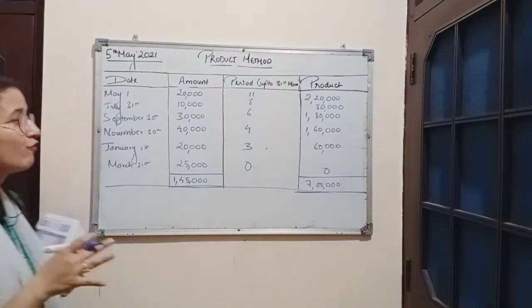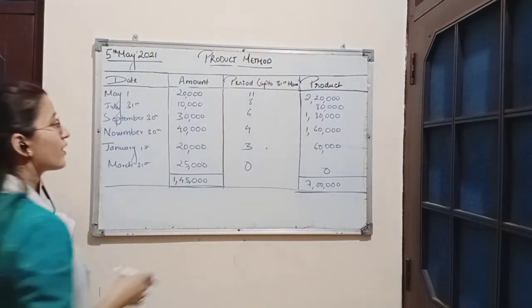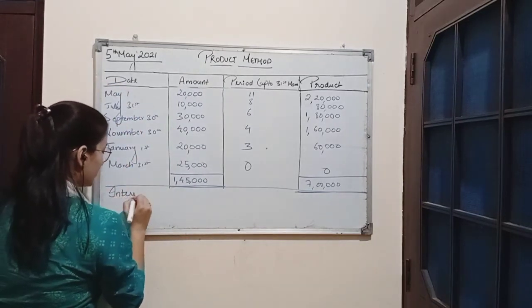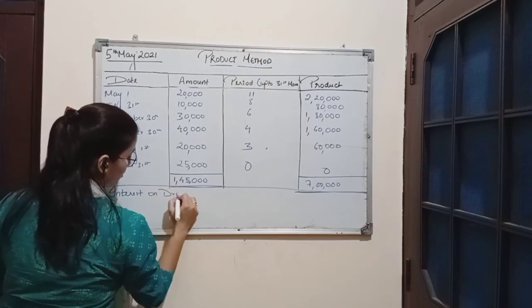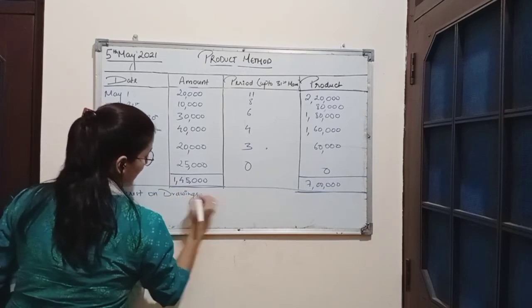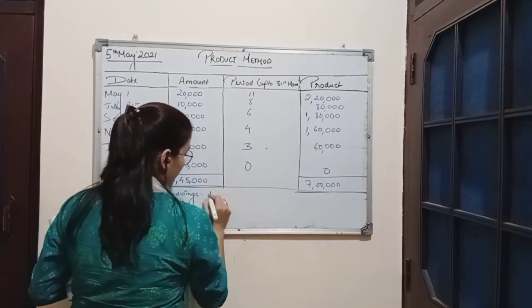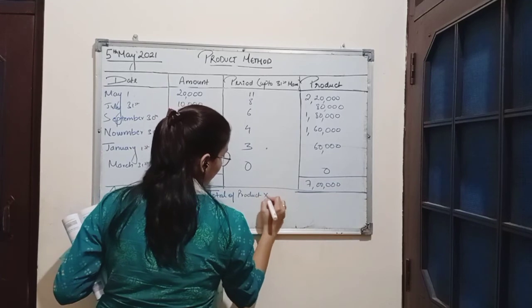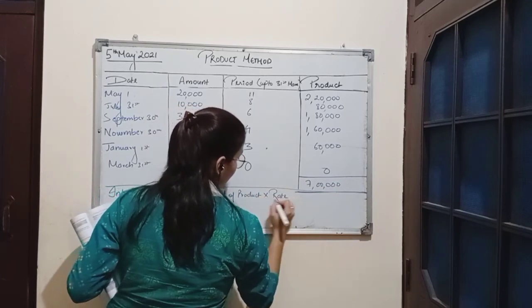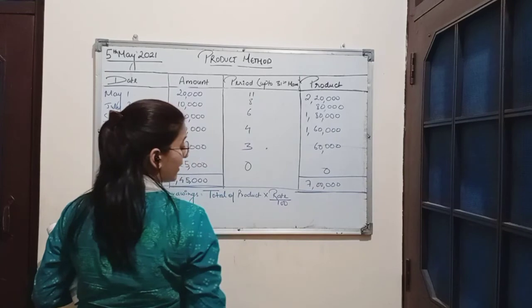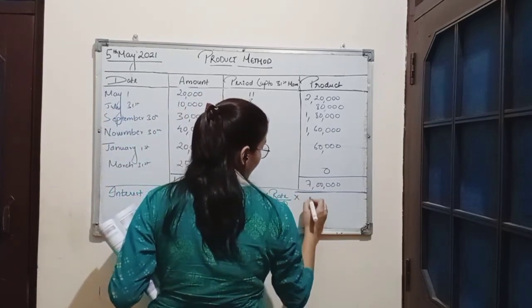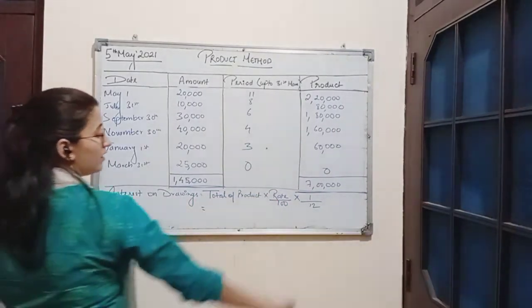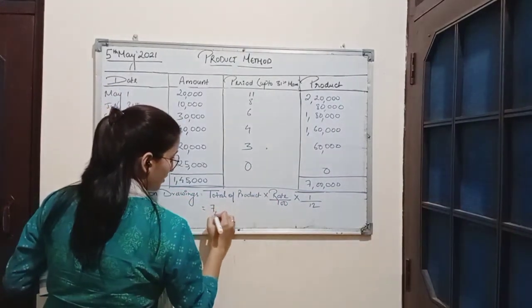Now as we know, the formula for calculating interest on drawings by product method was: interest on drawing is calculated as total of product into interest rate of drawings divided by 100 multiplied by 1 divided by 12. So as we can see here, total of product is 7 lakhs.